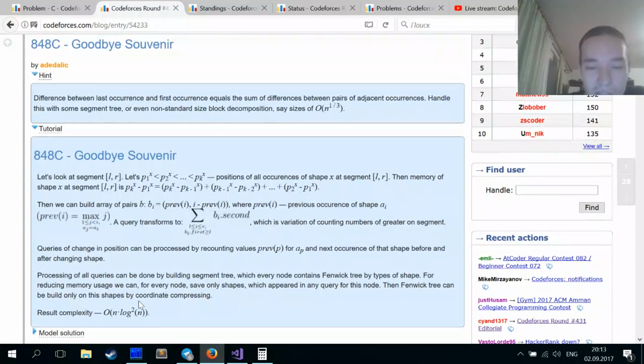So it's n log squared, right? Yeah, it's just a standard problem on a two-dimensional structure, just as I was thinking.